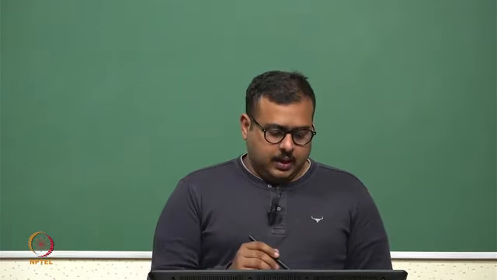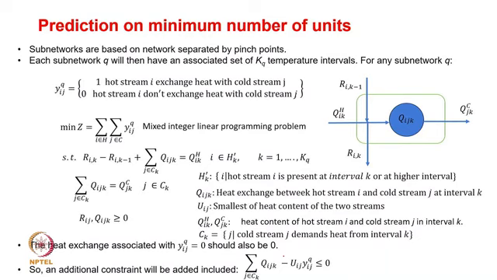I would also like to speak about the problem structure of this. You see that there are integer variables involved here. 0 and 1 is an integer variable, but all the other variables are continuous. And all the summations can also be translated as linear equations or even linear inequalities.